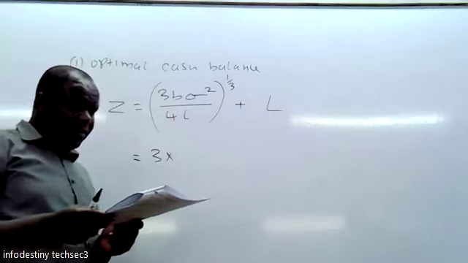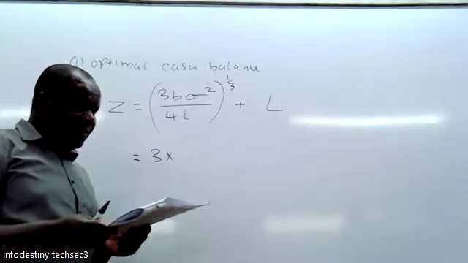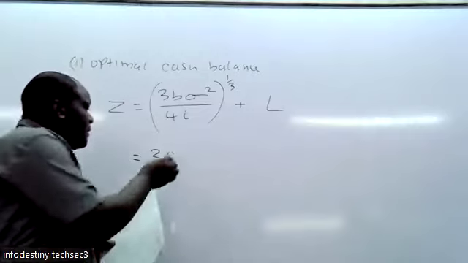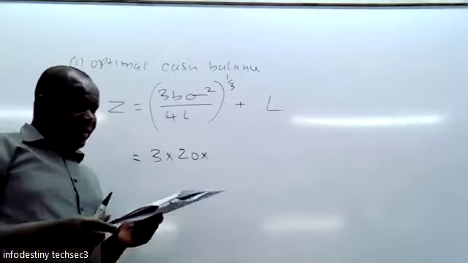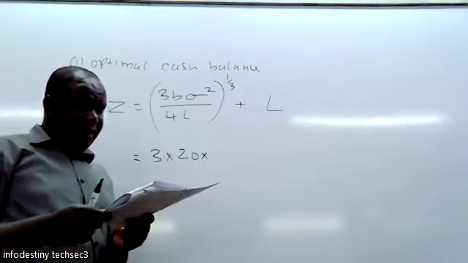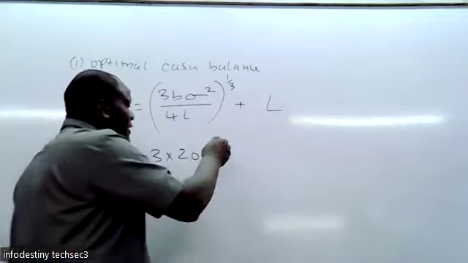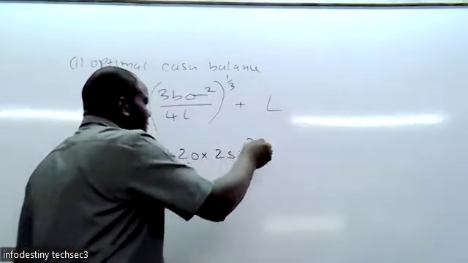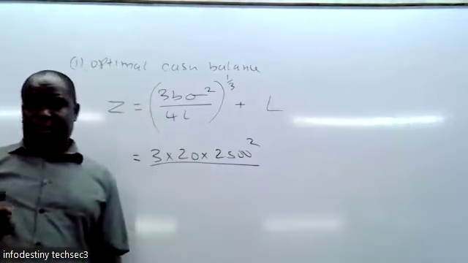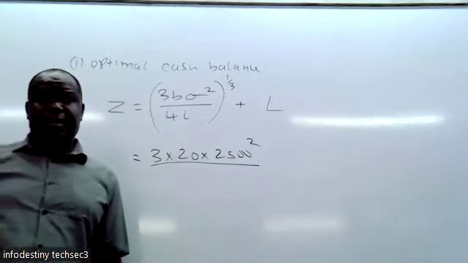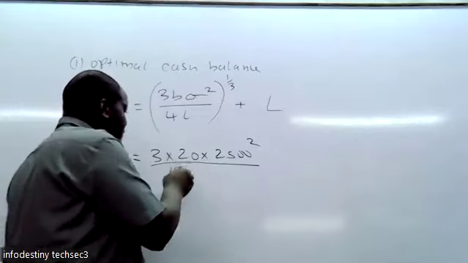The transaction cost of each marketable security is 20 shillings, so multiplied by 20. The standard deviation was given as 2,500, so you square the standard deviation in order to get the variance. Then we divide by 4.